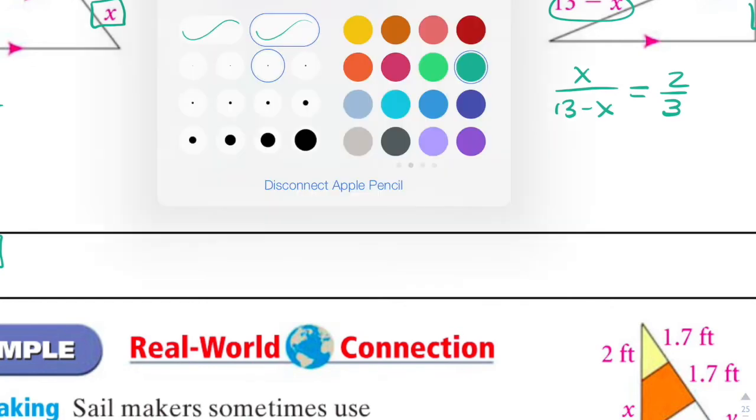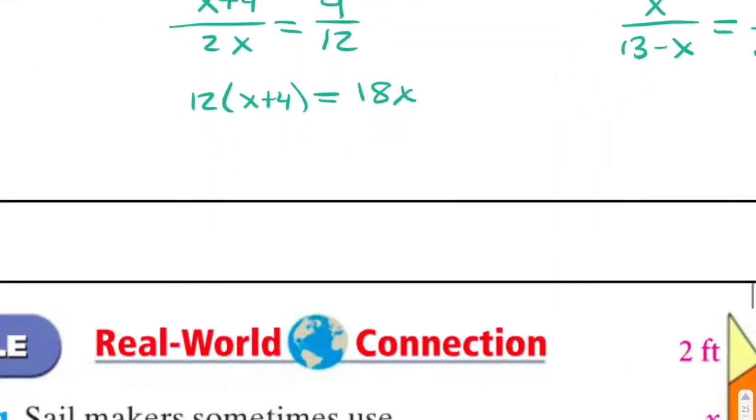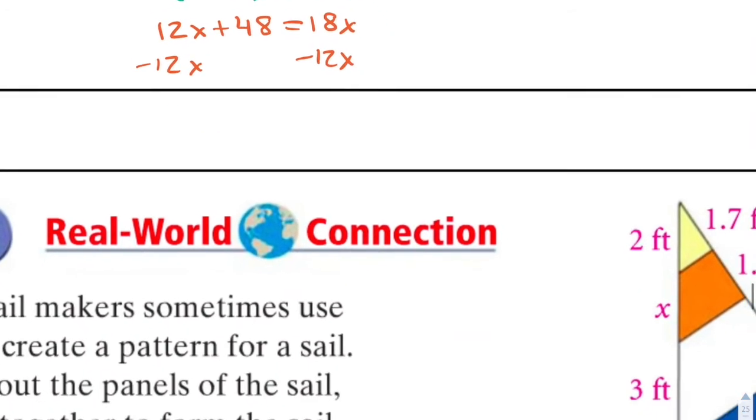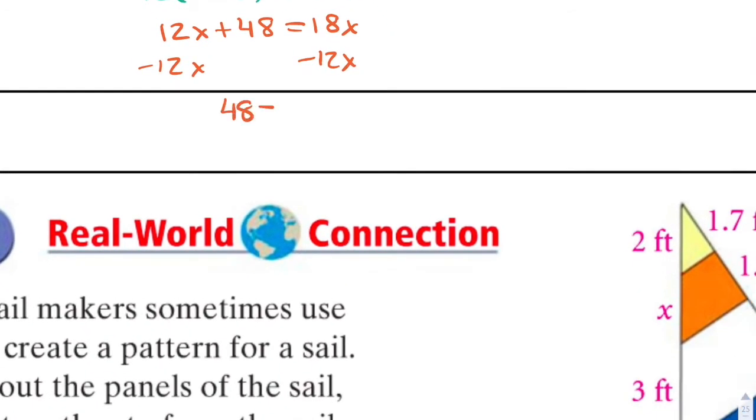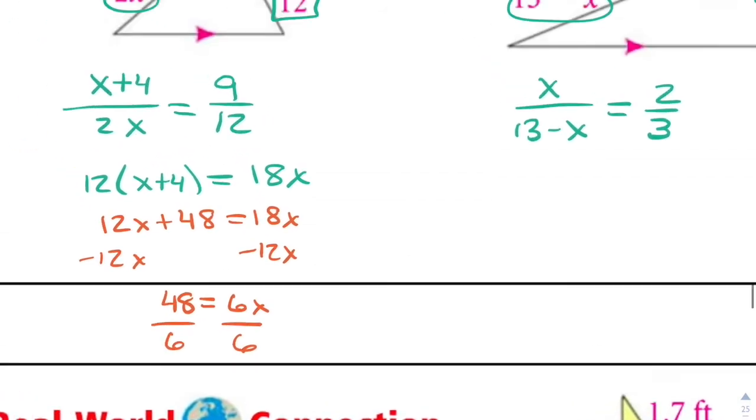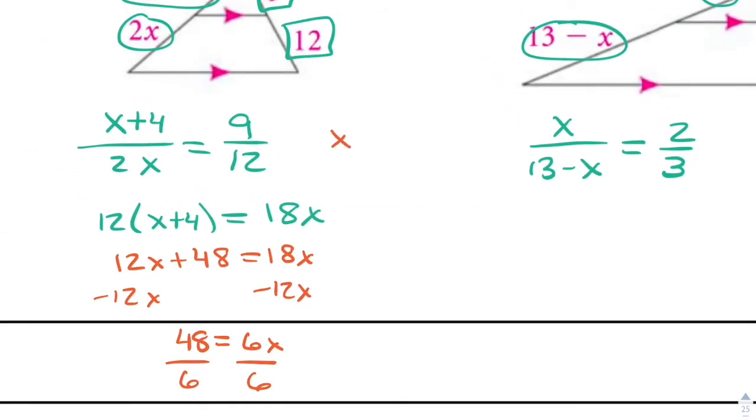So we'd have to use the distributive property. So we're going to get 12x plus 48 equals 18x. Take away 12x, we get 48 equals 6x. 6 times 8 is 48. So divided by 6, we get x equals 8.